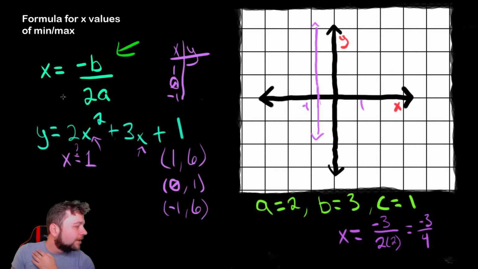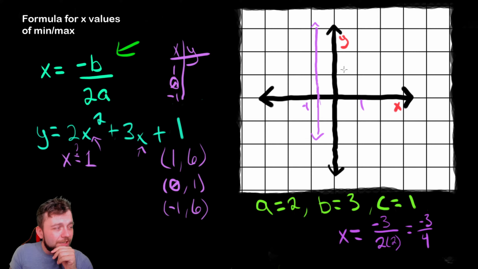But if we plotted these points, so we have 1 and 6. So 1, and then it would be 1, 2, 3, 4, 5, 6. Let's make these counting by 2s on our y-axis. So it's 2, 4, 6, and then it's still counting by 1s on our x-axis.